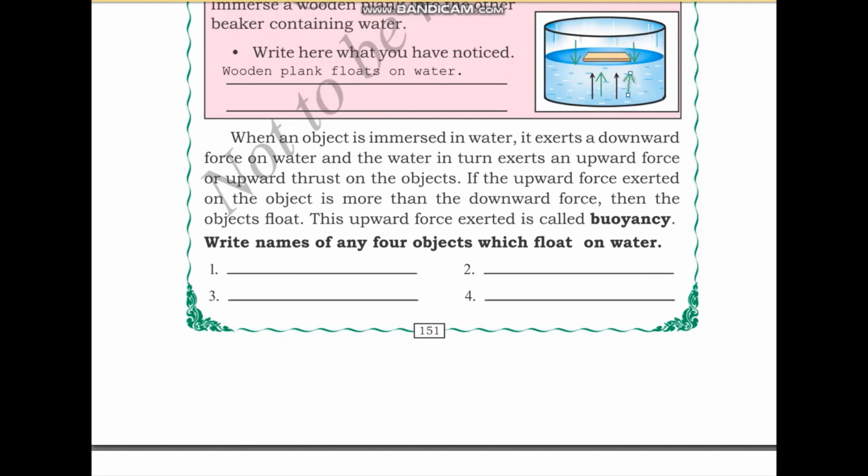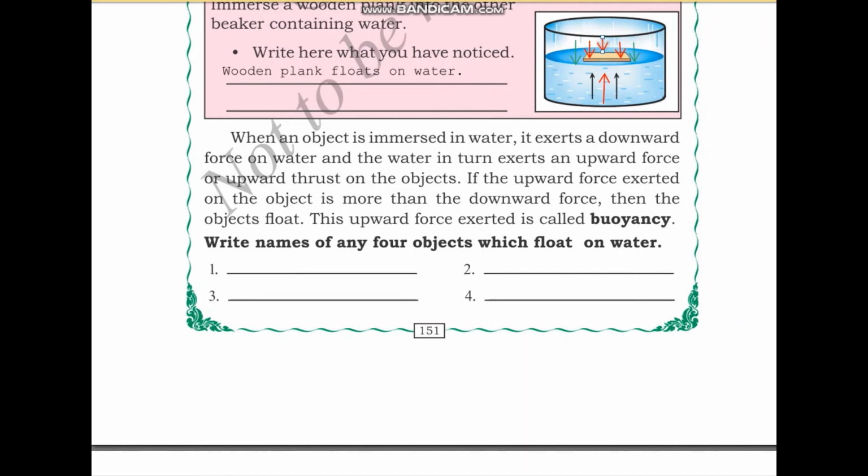The object will float, that is, it will not come down, if the upward thrust is more than the downward force.